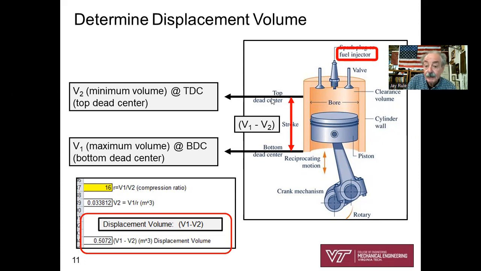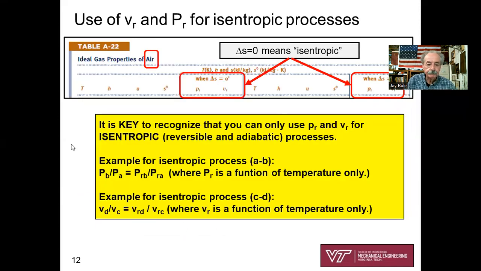It's at top dead center. So now V2 is easy, isn't it? It's 1/16 of V1. So immediately, displacement volume, if this were a quiz question, at least you can get this far. Subtract one from the other to get 0.5072 cubic meters as the displacement volume. Got it. At least that gets you moving and solving the problem.